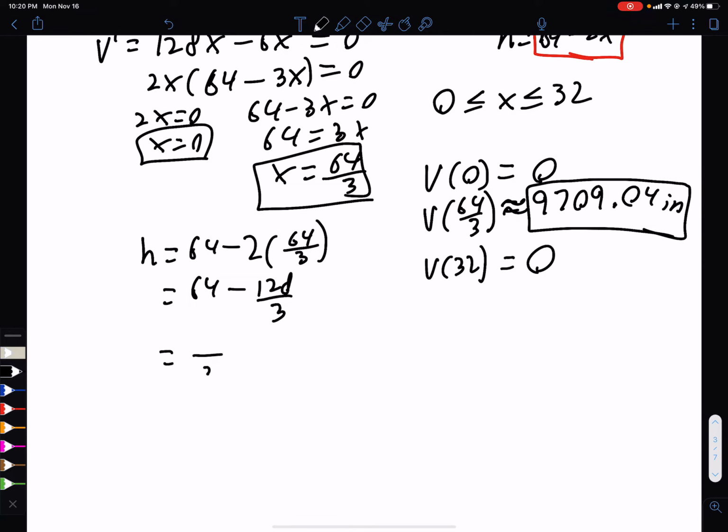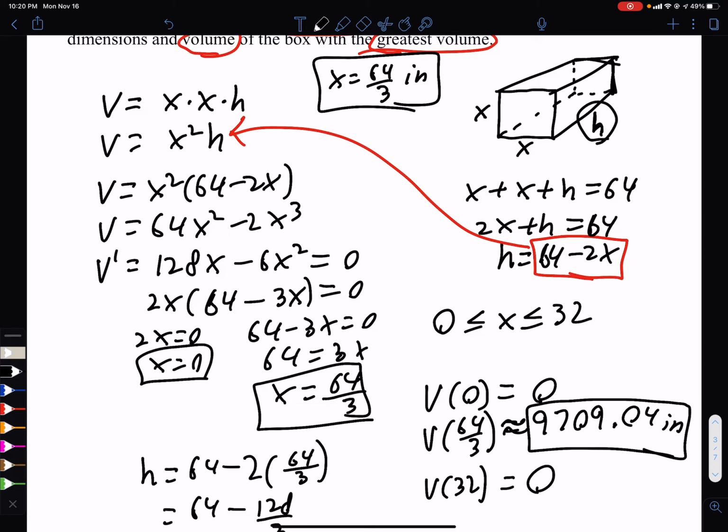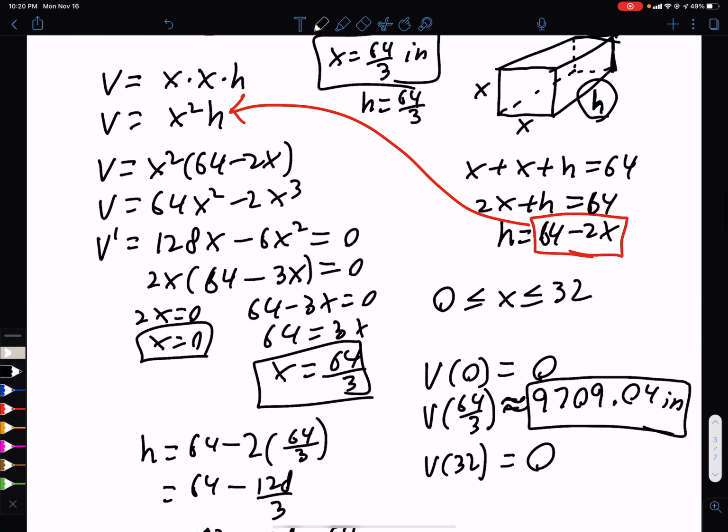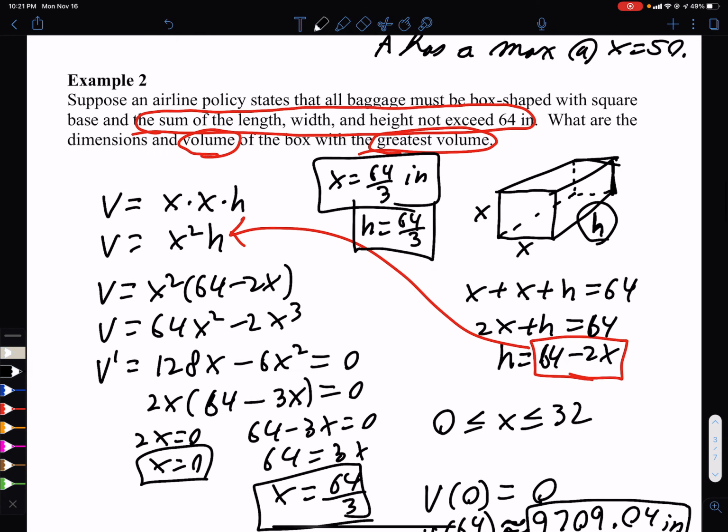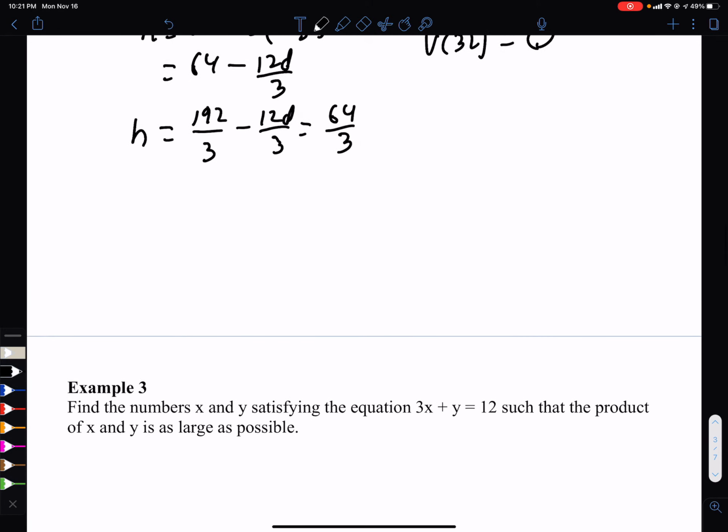Get a common denominator of 3. What's that going to be? 192 minus 128 thirds. I have my handy dandy calculator. That's 64 thirds, is h. So h would be also 64 thirds, making it a perfect box, the box with equal sides, a cube. So that's the answer to example number 2.